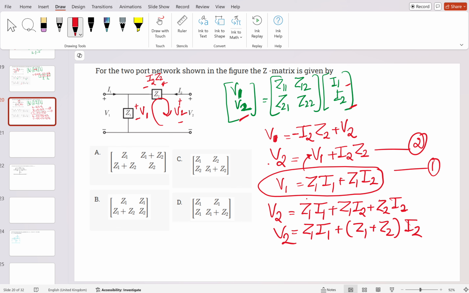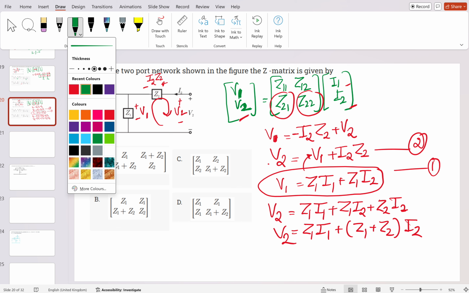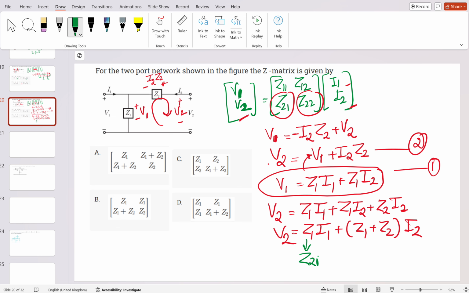If you compare with Z21 and Z22, you will see that this is the value of Z21 and this is the value of Z22. So option D is actually matching. Here we also have Z11, and Z11 is Z1.